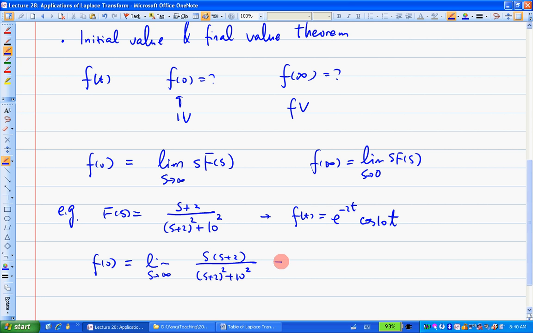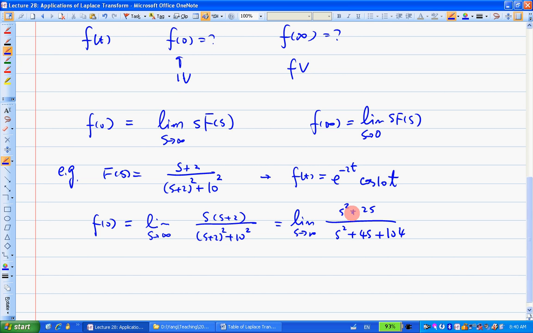So what you can do is expand the top and the bottom, just expand them out. Then you divide both the numerator and the denominator by s squared.